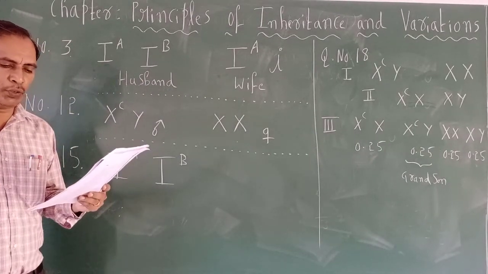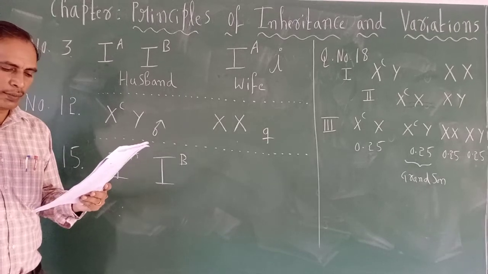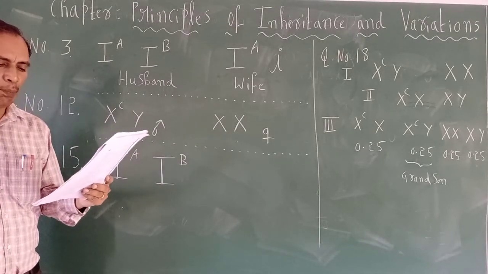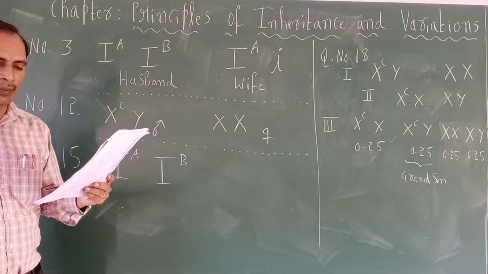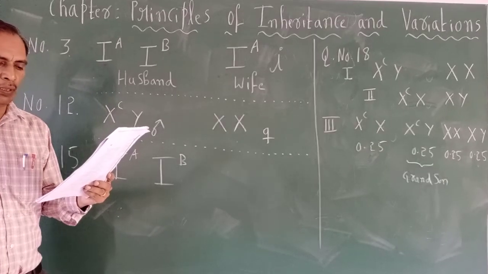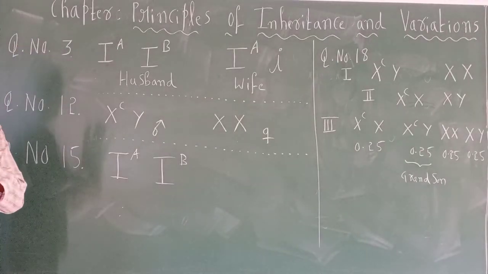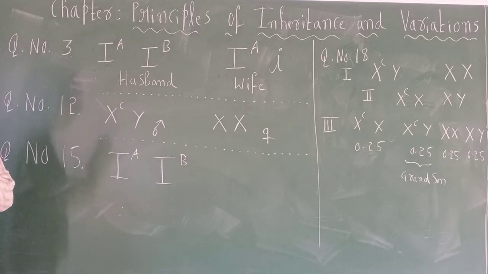A gene showing codominance has, the correct option is option D, both alleles independently expressed in the heterozygote. So what is codominance? If the two alleles are dissimilar, both the dissimilar alleles are expressed. Blood group AB is the best example for codominance.